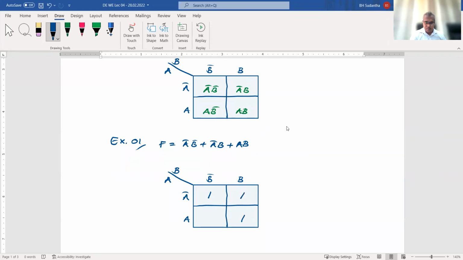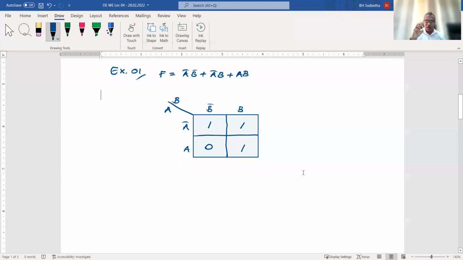Third one, A B. For the grid whose term is not in our equation, we put 0. Now we have to minimize. How can we minimize? We have to group these ones together. Adjacent ones you can combine to make a group.